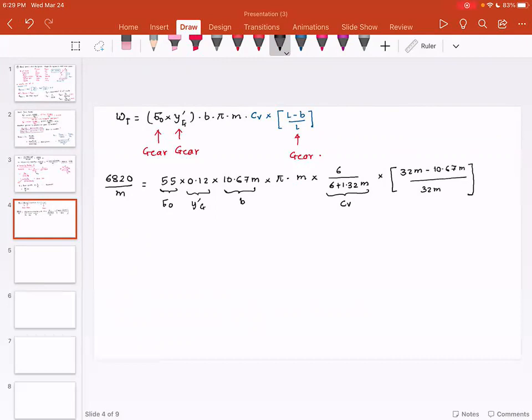So as you can see, you have m on the left hand side and you have m on the right hand side. This equation cannot be solved in a straightforward fashion.